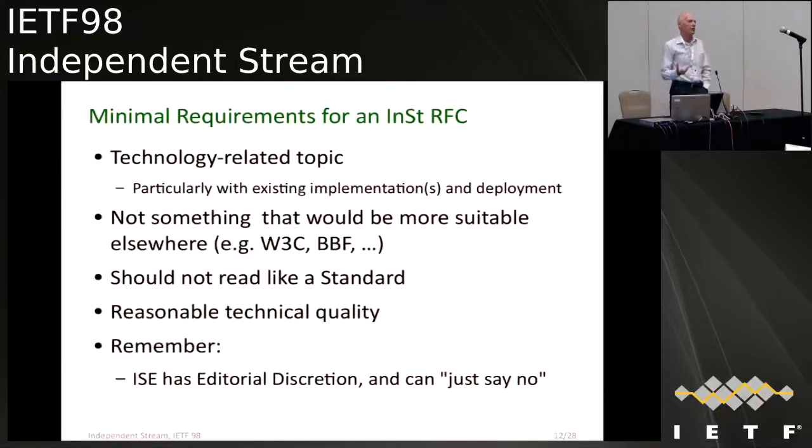Next thing, it shouldn't read like a standard, which means it can't use words like must in capital letters as in 2119. The independent stream doesn't publish standards track documents, so the RFCs from the stream shouldn't read like standards. Has to be reasonable technical quality.